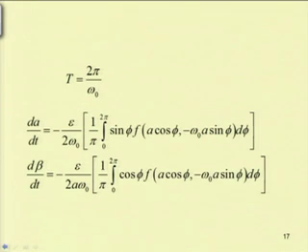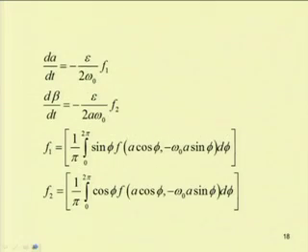One can put these as function f 1 and function f 2. So, dA by dt can be written as minus epsilon by 2 omega 0 f 1 and d beta by dt equal to minus epsilon by 2 a omega 0 f 2.